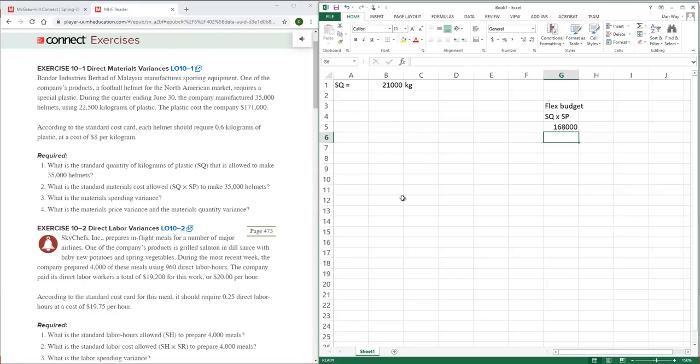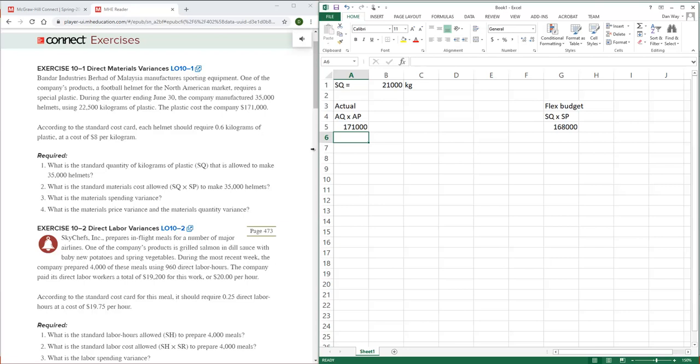So going back to our problem here, requirement 3 is we're looking for the materials spending variance. Now remember, the spending variance is comparing the flex budget, or what would be in the flex budget, to those actual results, which would essentially be the actual quantity and the actual price if we were thinking about those components separately. But here we know the plastic cost a total of $171,000, so we don't have to worry about the individual components yet.